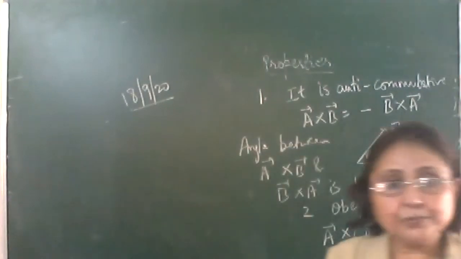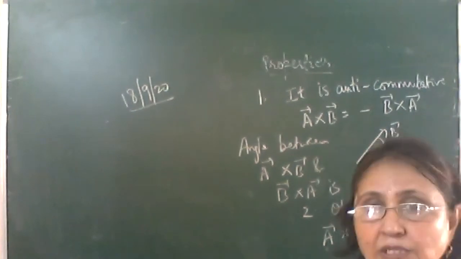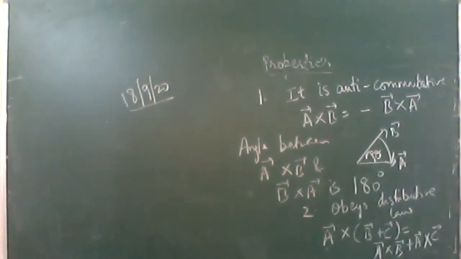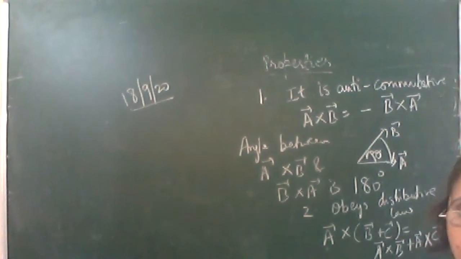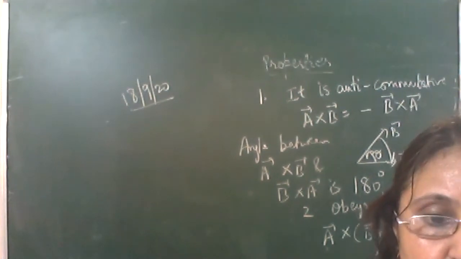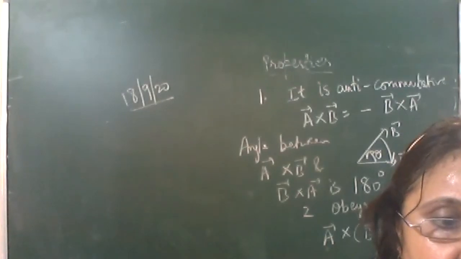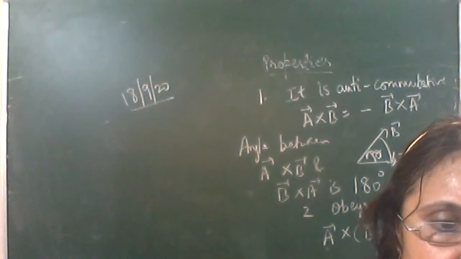The vector product of two vectors acting in the same direction. Write down the vector product, or you may write down cross product, of two vectors acting in the same direction.